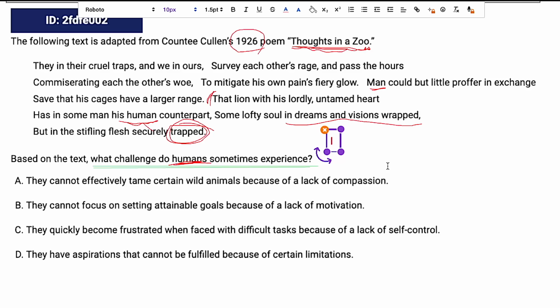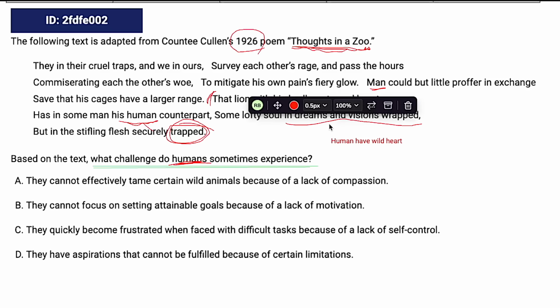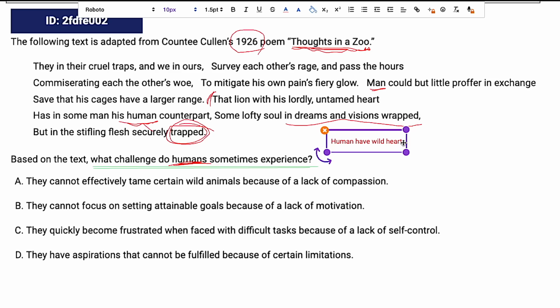It's comparing a lion to a man. So untamed heart: humans have a wild heart. Some lofty soul in dreams and visions wrapped. I know that lofty is sort of like reaching for the heavens, trying to go beyond what is here on earth. If you're not very well grounded, you have lofty dreams. And it does say dreams and visions.